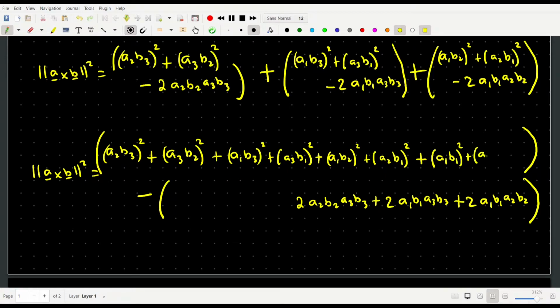So I'm going to have to add in to this entire expression an additional 3 terms, a1 b1 squared, a2 b2 squared, and lastly a3 b3 squared.